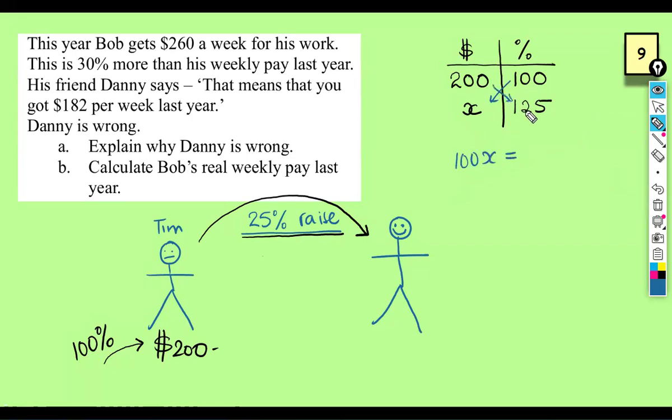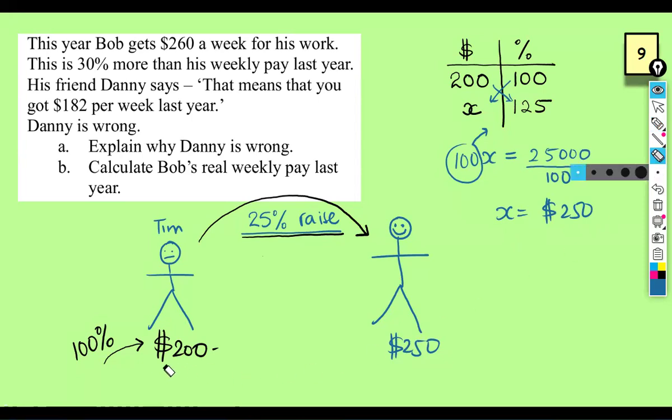And 200 by 125, but that's a big number. I can't do that in my head. 200 multiplied by 125 is 25,000. This 100 is a multiply. Throw it across, you get a divide. So yes, we get how much? $250. So we see it works in the forward direction.